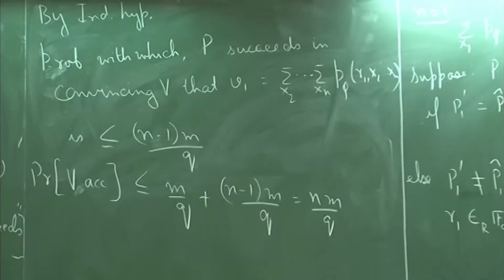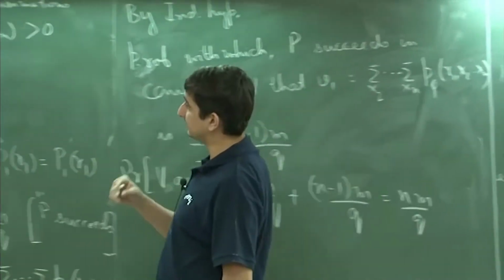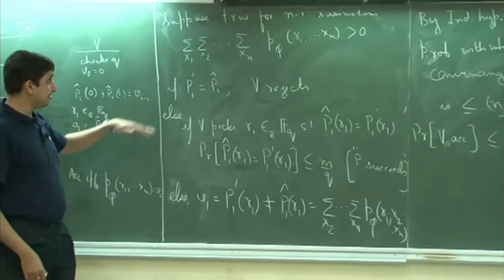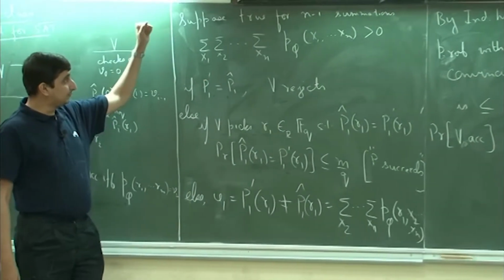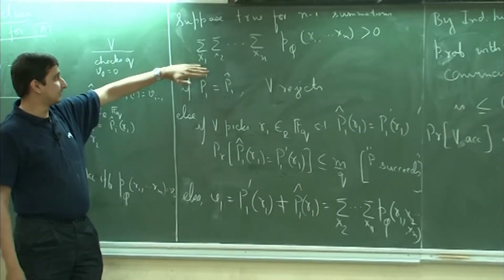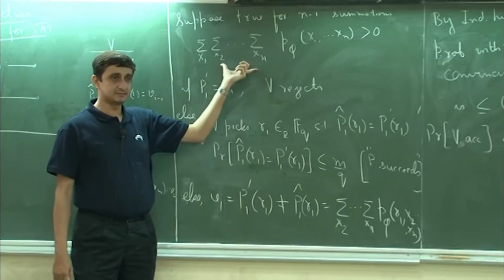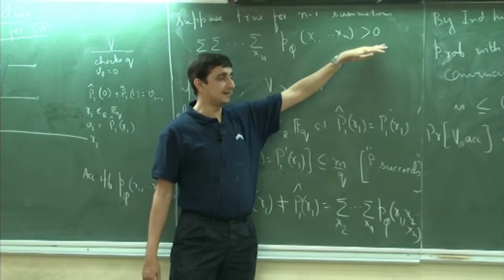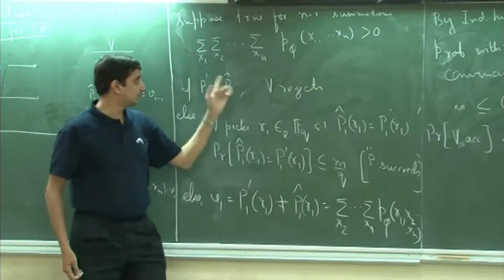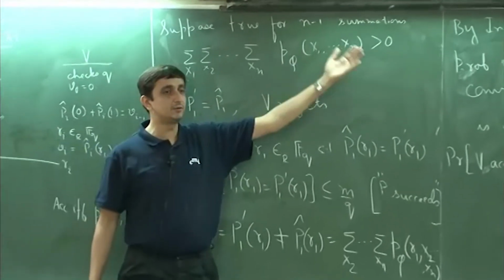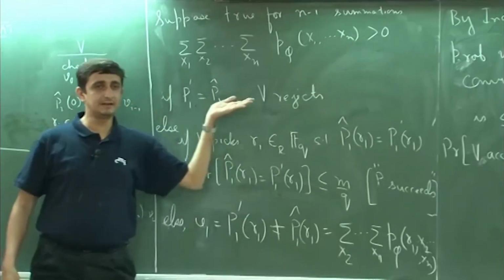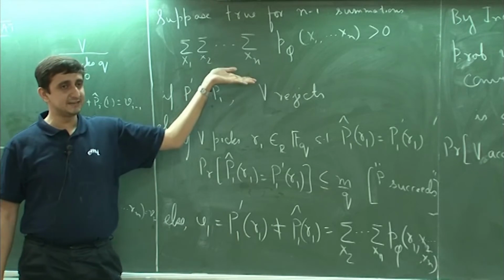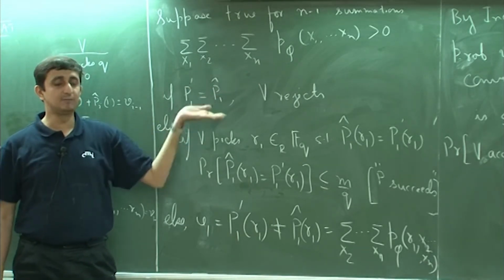So, what is our induction hypothesis? Let me start from there. Our induction hypothesis is that suppose the prover wants to prove an incorrect claim. Here we have n summations, and this summation is greater than 0, and the goal of the prover is to show that this is actually equal to 0. We assume that the prover succeeds with probability at most n m by q.